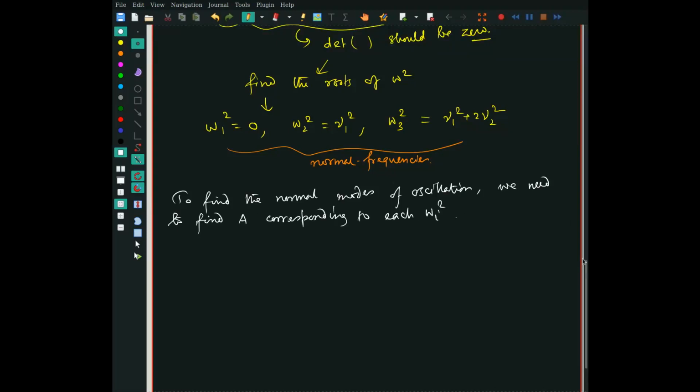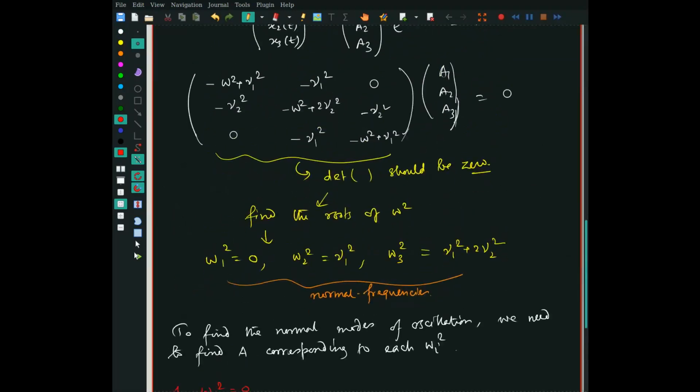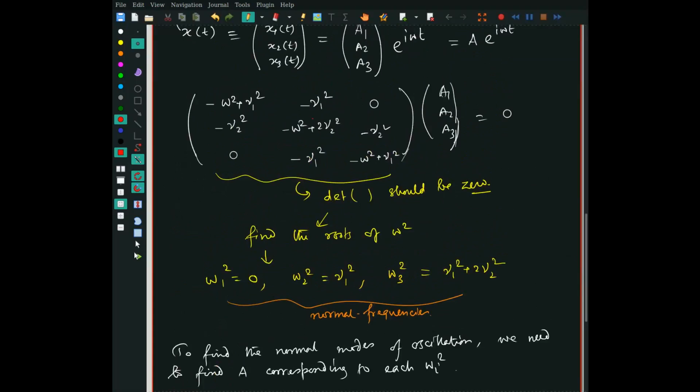Okay. So if you want to find it for omega 1, let's say number 1, omega 1 square equals 0. So how would you find that? Basically, you will put omega square equals 0 in this equation here.